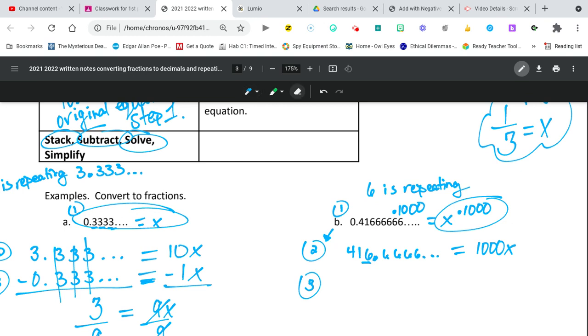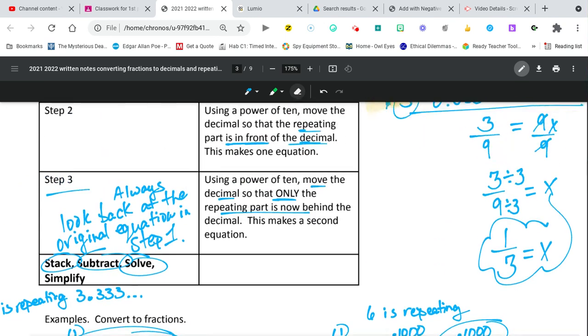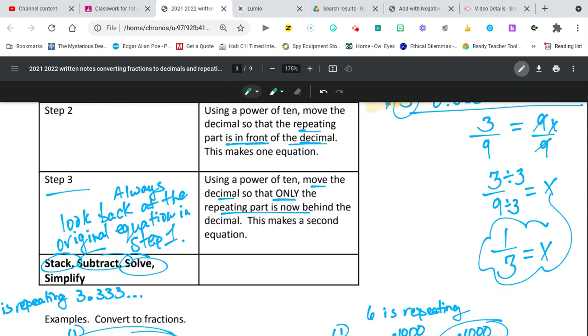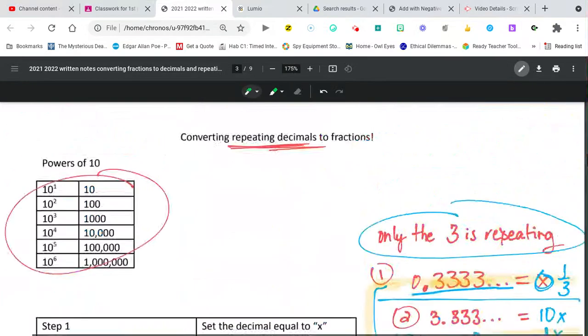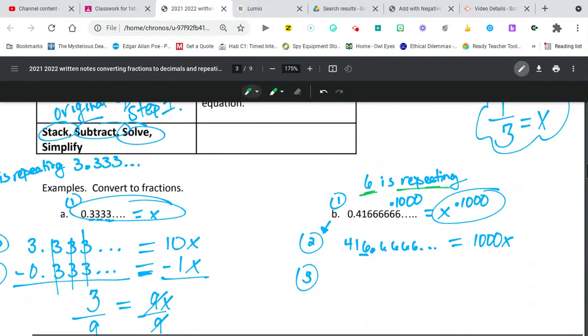Okay, now we got step 3. Let me erase this. Step 3 says, using the power of 10, move the decimal so that only the repeating part is now behind the decimal. So 6 is the repeating part, but I need to get it where it's just all 6's behind the decimal.